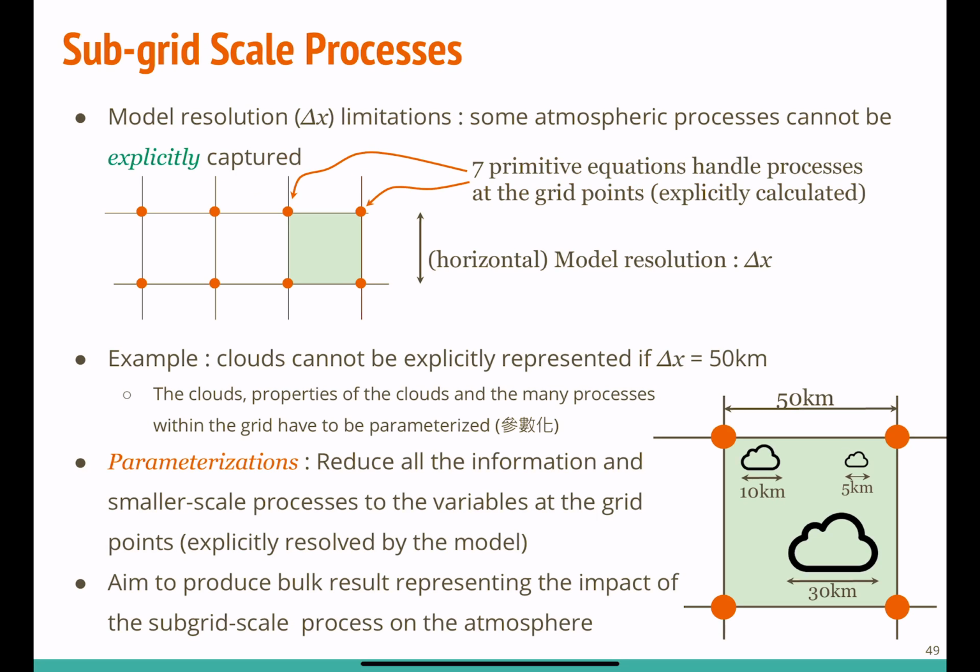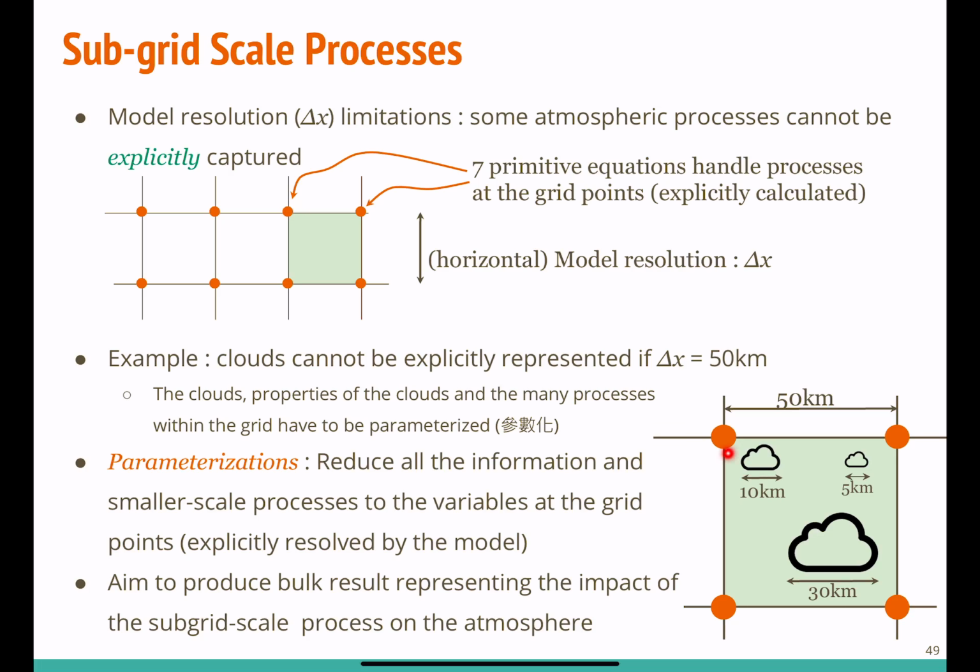If we have grids like this and we have some representations of different variables at these grid points, then the smaller scale things happening inside, we will need some sort of, you can say a projection, or you can say a relationship. We're relating things here with the grid points resolution. So we will use some other types of variables.